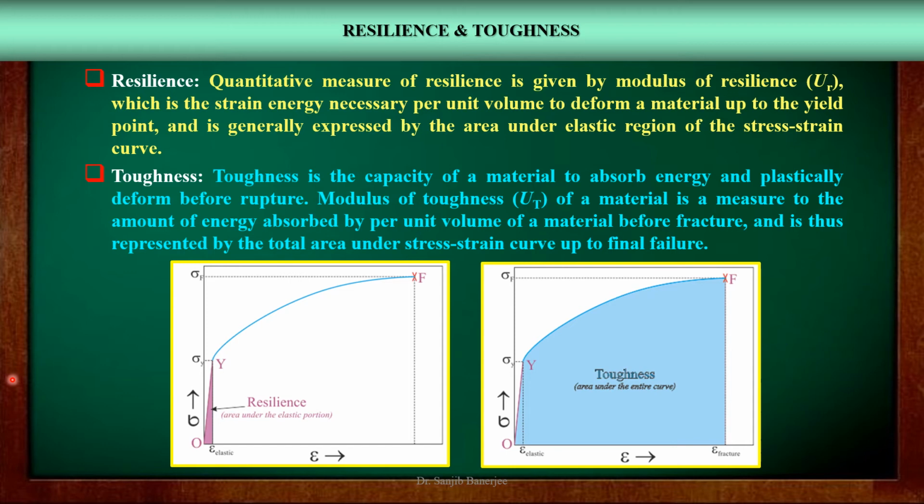Now, toughness is in turn represented by the modulus of toughness, which is denoted by UT. Modulus of toughness is a measure of the amount of energy absorbed per unit volume of a material before fracture.